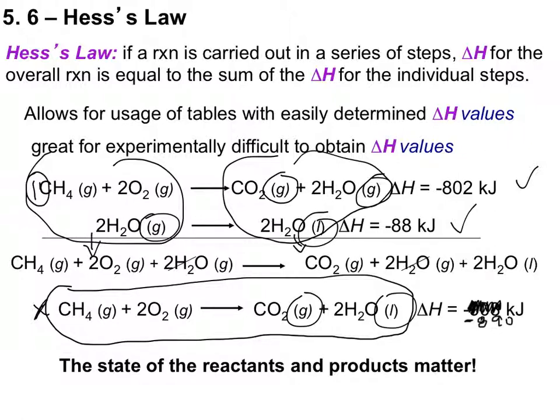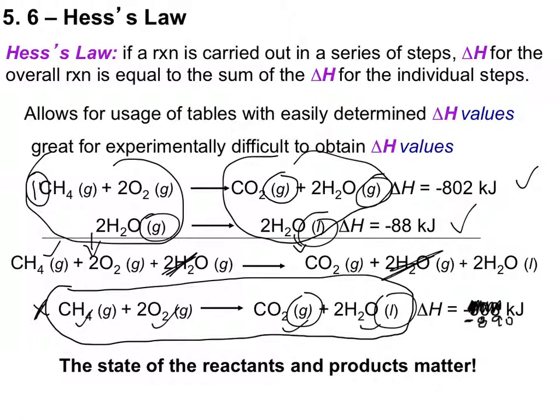They come down. Once we've done that, we want to cancel out the things that repeat on each side. So notice we have two H2Os on the reactant side and two H2Os on the product side. Those cancel out, and we're left with our desired reactants and our products in their desired state.